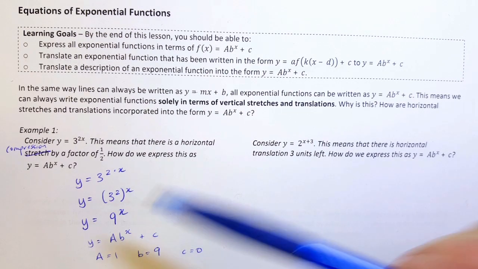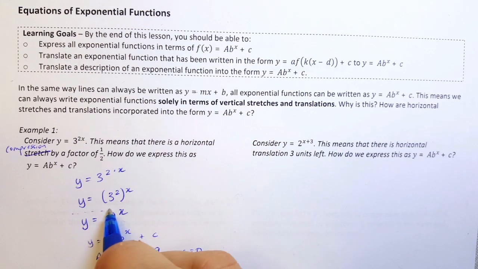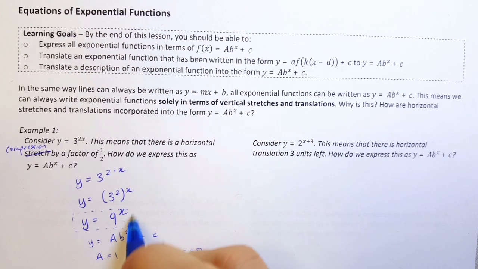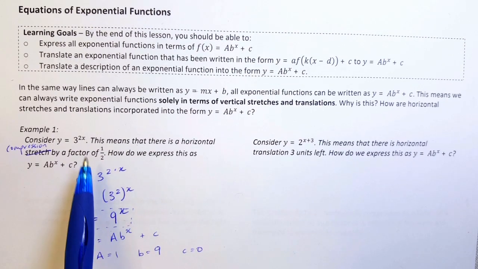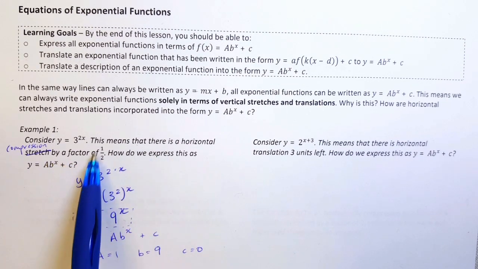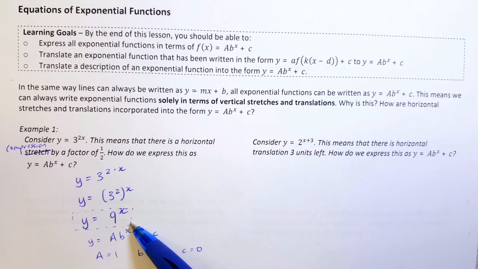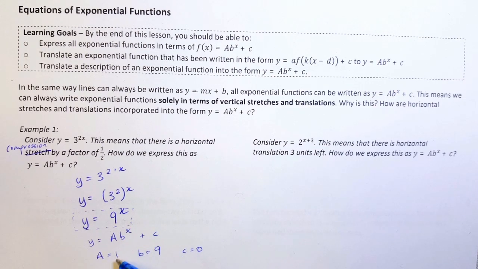So essentially what I've done with this equation is I've taken something that has a horizontal compression by a factor of 1/2, and I've written it solely in terms of a vertical stretch by a factor of 1, no vertical translation. I've just changed the base.